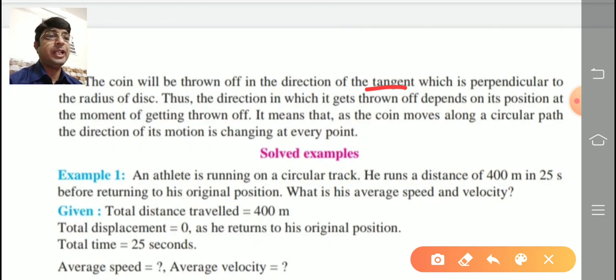You know the meaning of tangent. Thus, the direction in which it gets thrown off depends on its position at the moment of getting thrown off. It means that as the coin moves along a circular path, the direction of its motion is changing at every point.